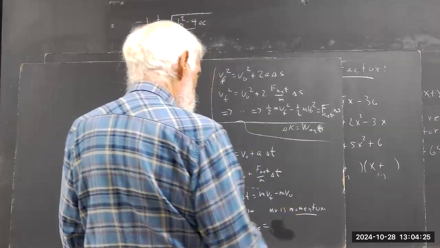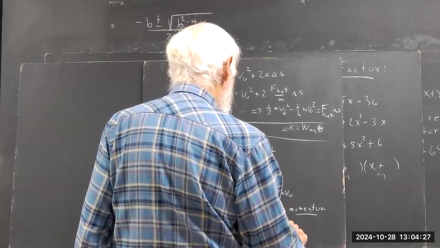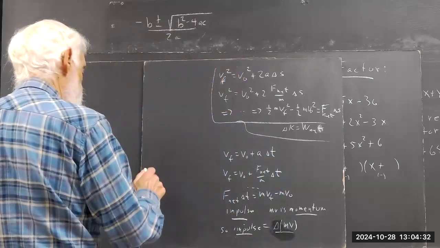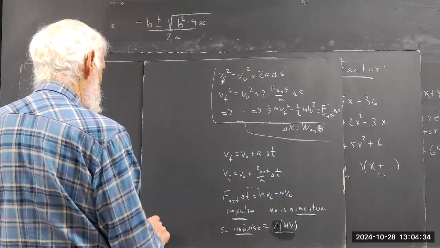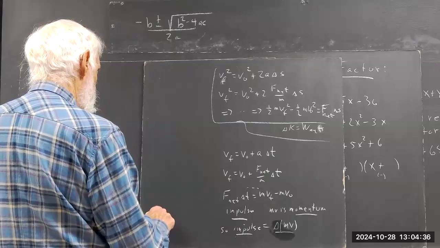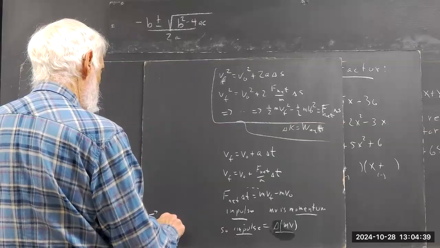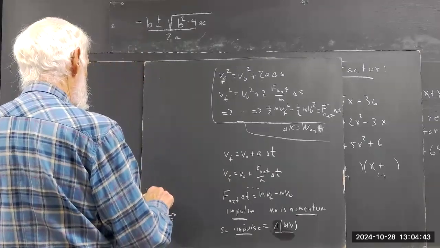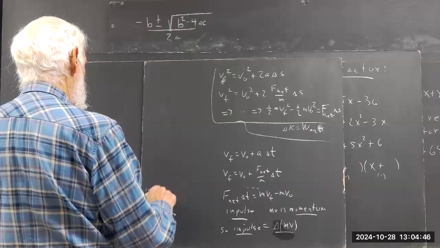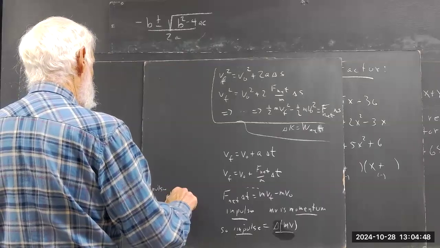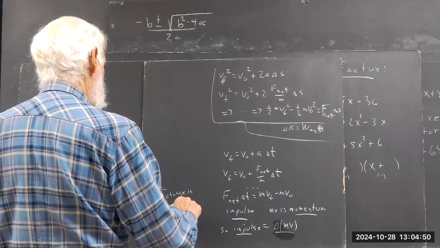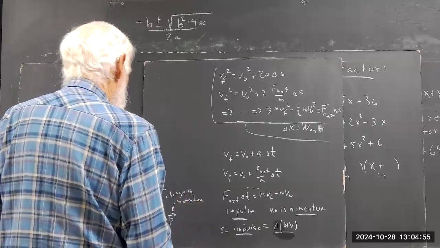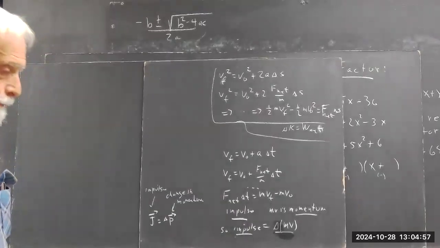Now I'll write the traditional symbol. So this equation here's impulse, here's change in momentum.